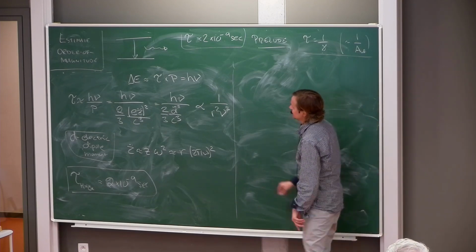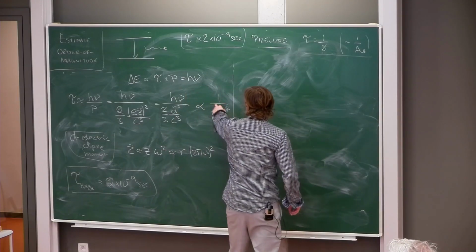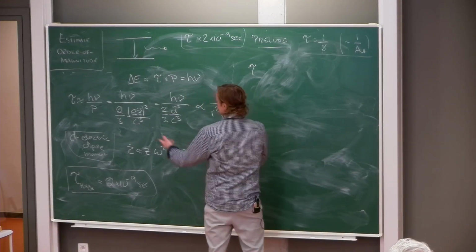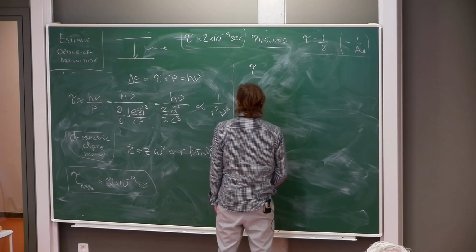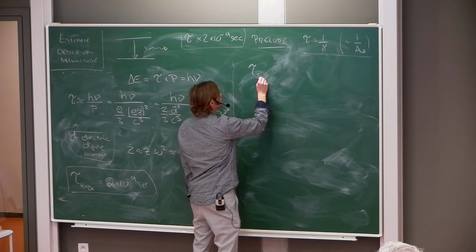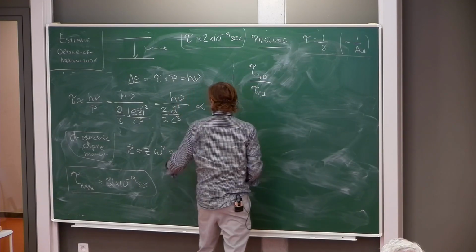Now, what we can interestingly see here for the half lifetimes is that if this is the scaling, then we can scale the optical transitions. So, for example, if we're interested in the Balmer alpha, that would be the 3 to 2 transition. We can scale this to the 2-1 transition.